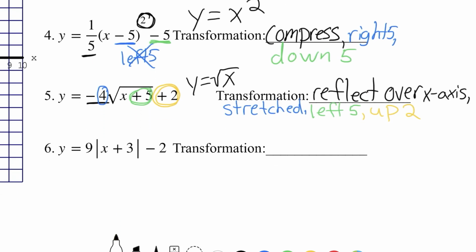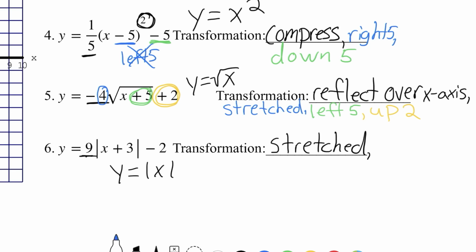Number 6, the parent function is y equals absolute value of x. The outside is telling me that it is above 1, so it's going to be a stretch again. There is no negative, so we're not reflecting.